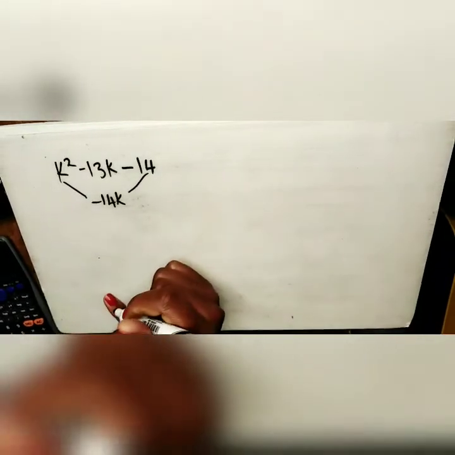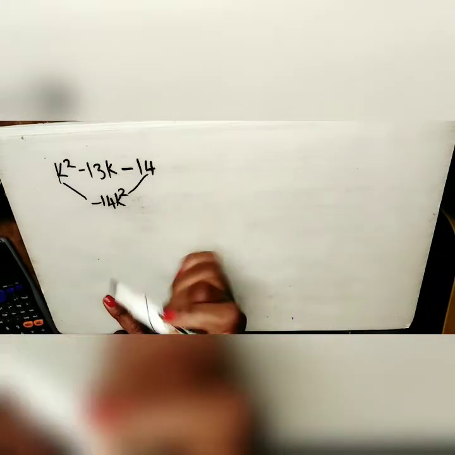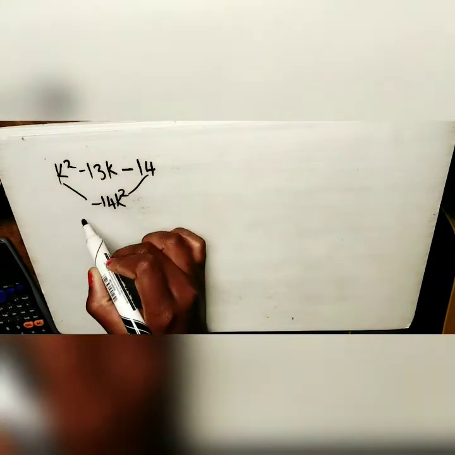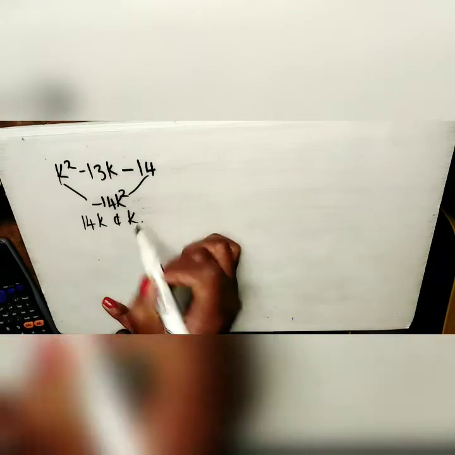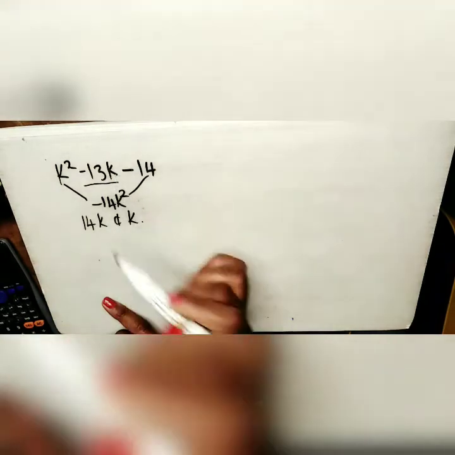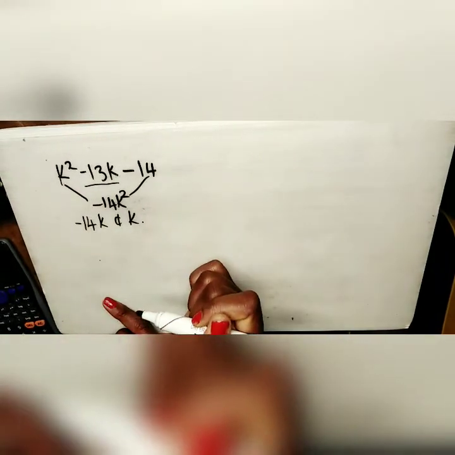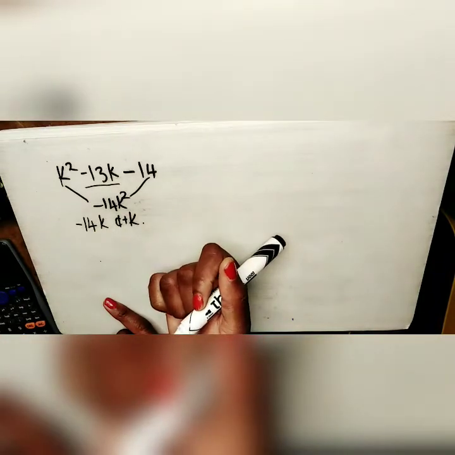Now let's look for two numbers. When you multiply them, they'll give us negative 14k squared. So those numbers, in this case, are 14k and k. But then remember, I said you look at the sign that you have on your middle term. It's a negative. So your bigger factor will have the negative sign, and then k will have a positive sign, right?